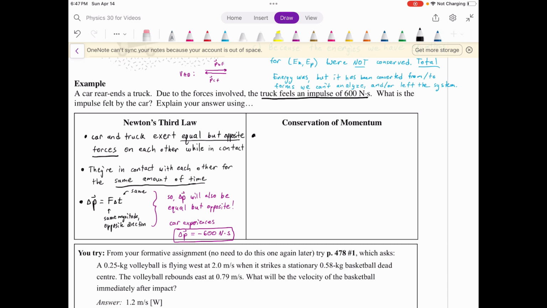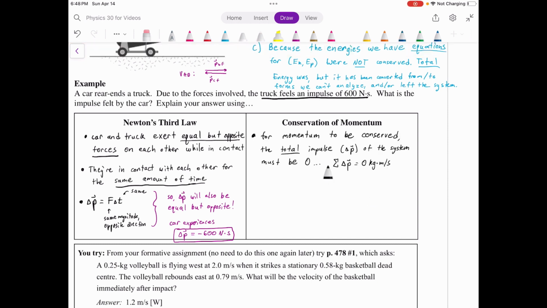We know that individually each object can have an impulse, a change in momentum, but for total momentum to be conserved, which we know it always is, what is the overall impulse of the entire system? It's got to be 0, right? So just writing that out there, the total impulse, change in momentum, needs to be 0 for momentum to be conserved.